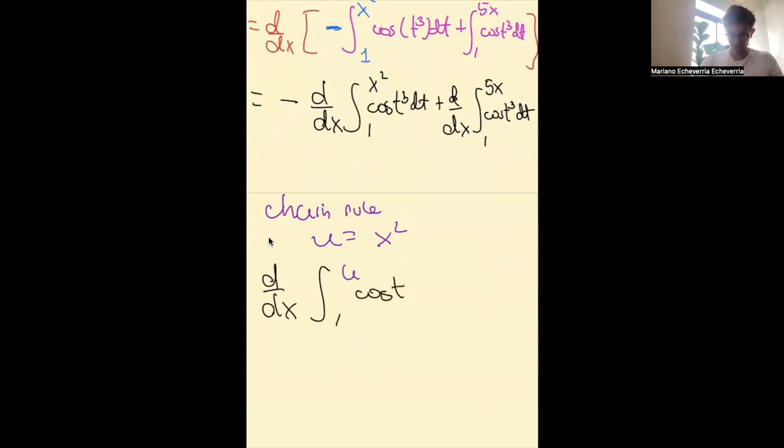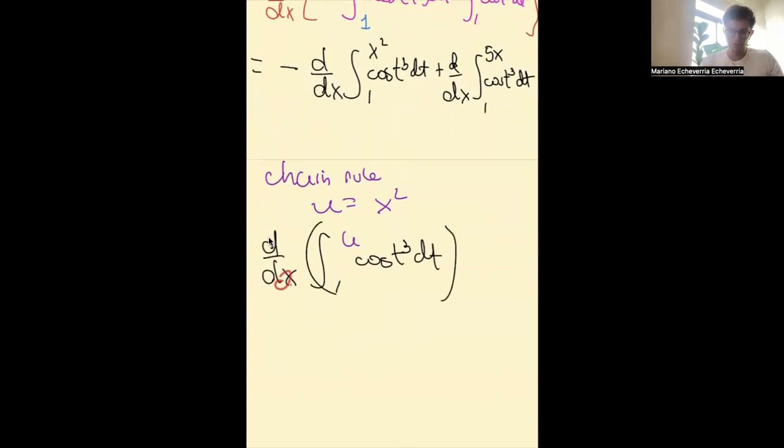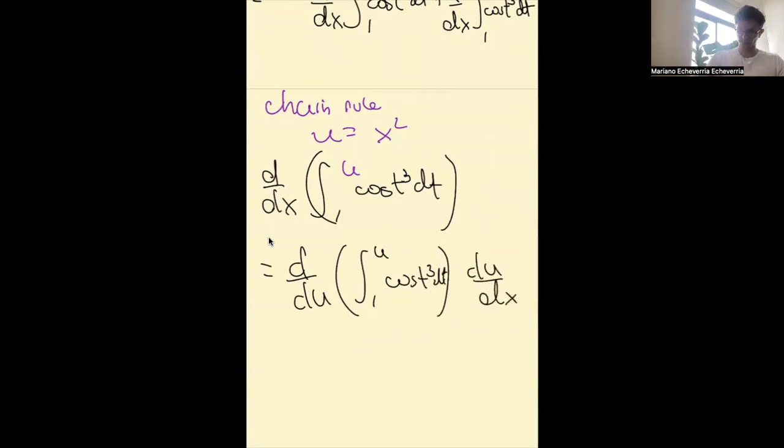cosine of t cubed dt. And again, you're taking the derivative of that. You want to take it now with respect to u, so you make the usual trick. So I multiply and divide by du.